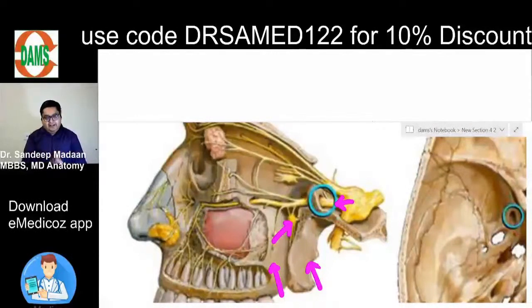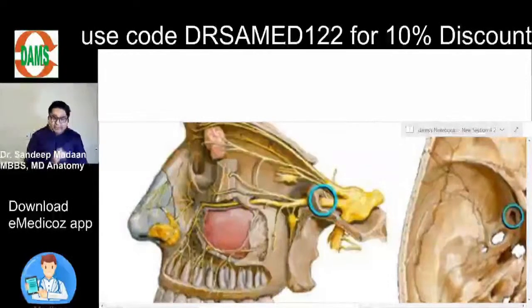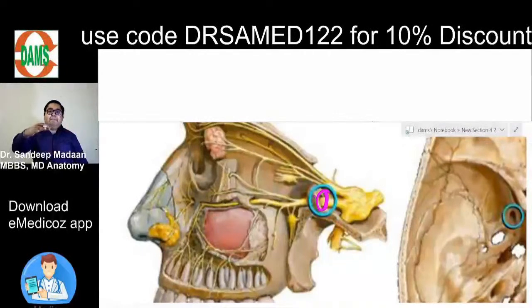Is that clear? Yes. So we can draw a schematic diagram for the maxillary nerve as well, where we have already drawn up to the foramen rotundum. Further course we can draw, and we have now understood that it is going to pass through this region, and of course it will be holding the ganglia, and then eventually it will pass through the inferior orbital fissure. I hope this much is clear.